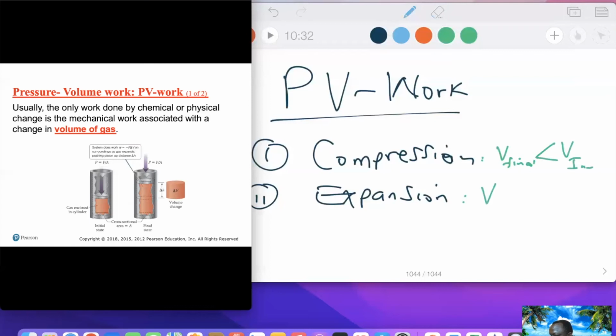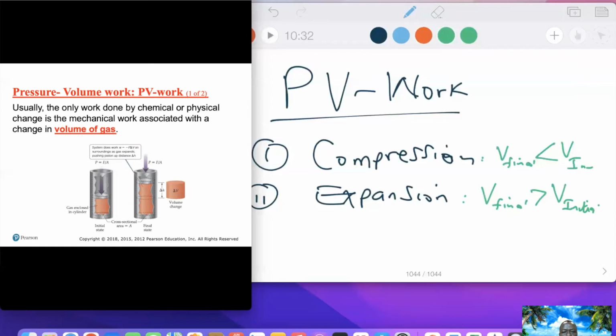Whereas here, V final is greater than V initial, expansion.